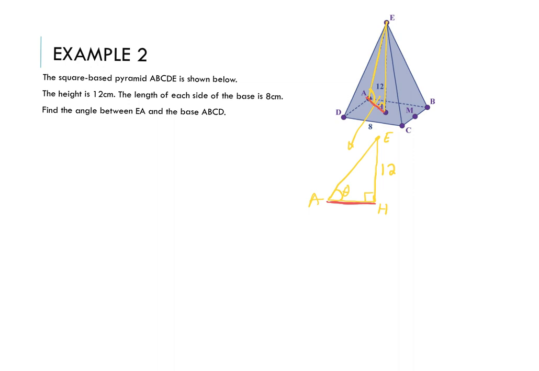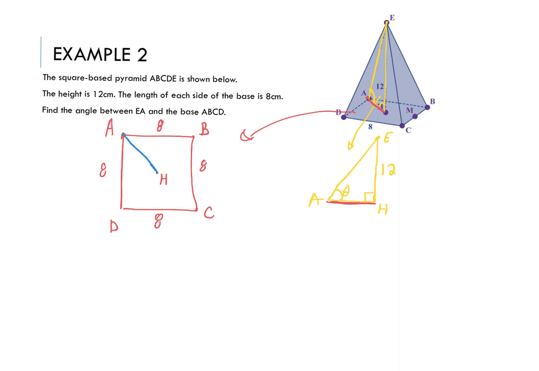So first, let's look at what AH is in our diagram. I'm going to redraw the base so that we have a better 2 dimensional visual of what we have. So we have a square. We have A, B, C, and D, and in the middle we have H. Each of these sides is 8 centimeters. And this side AH is this one here.